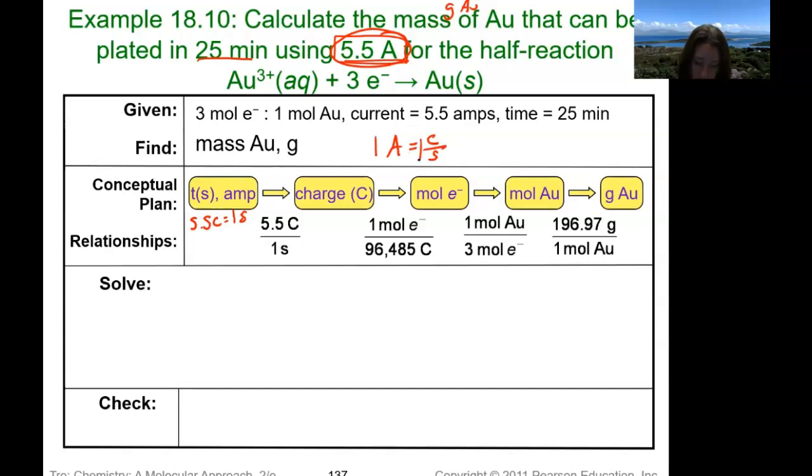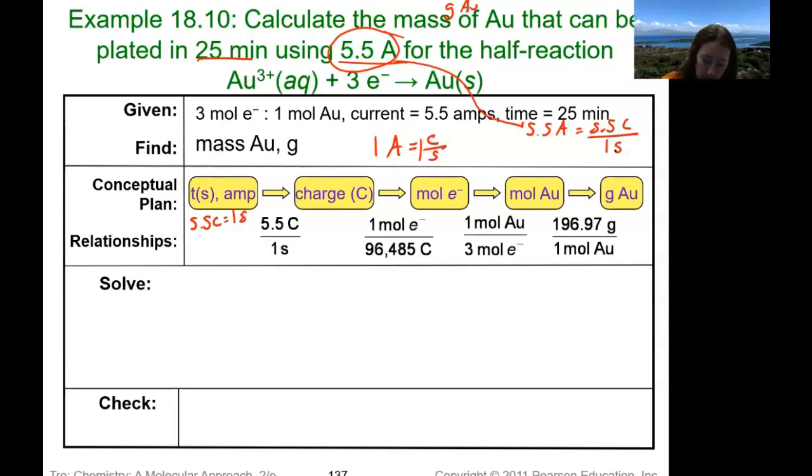So 5.5 amps means 5.5 coulombs per second. And if you don't like it with just a second, fine, put 1 second. So that's what amps means. Amps just means coulombs per second.